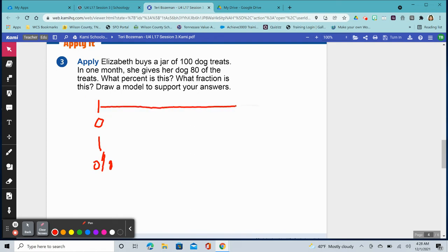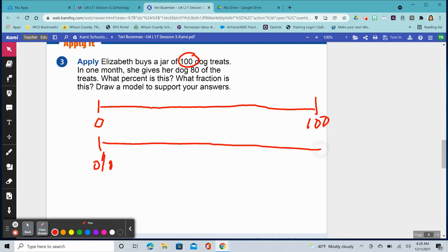She has a total of 100 treats because that's how many are in the jar, right? So she has 100. So if she gives her dog 100%, then she gave the dog all of the treats. And it says in 1 month she gives her dog 80 of the treats.